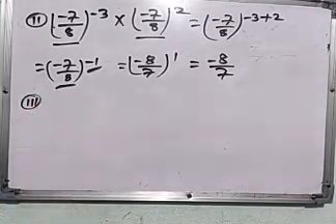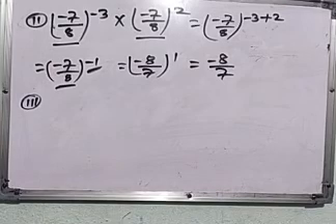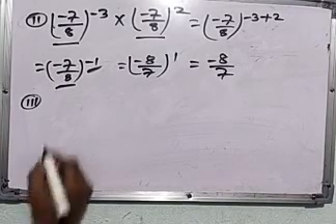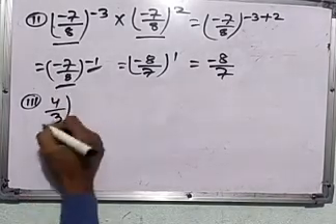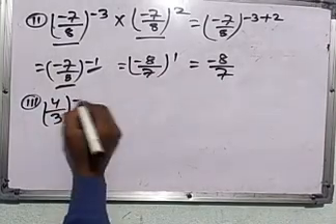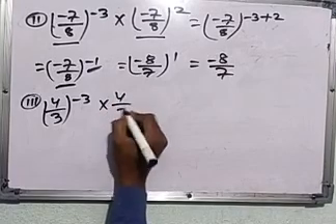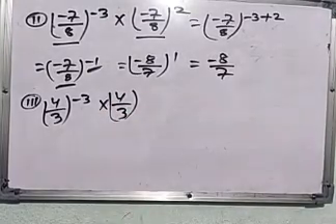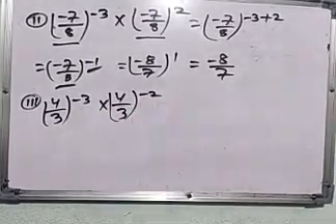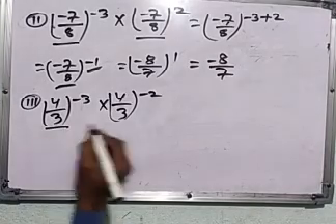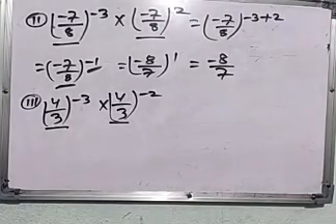Now question third. 4 by 3 power minus 3 into 4 by 3 power minus 2. So here you see the base is common.